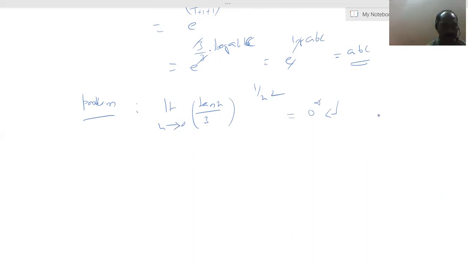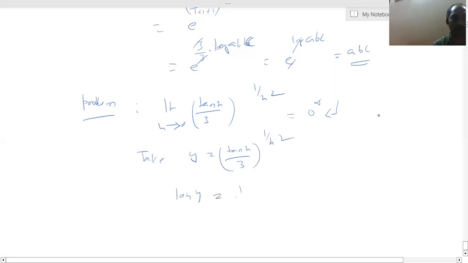So we need to apply L'Hospital rule. Not L'Hospital rule, rather convert this expression into y form. Take y equal to (tan x by 3) whole power 1 by x square. Take a log on both sides.